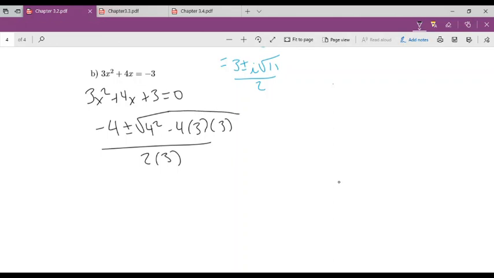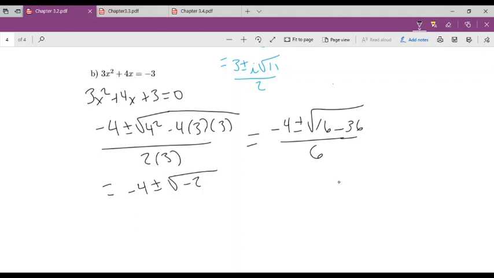Okay, so if we come over here and simplify, we get negative 4 plus or minus, now 4 squared is 16, 4 times negative 4 times 3 is negative 12, negative 12 times 3 is negative 36, all over 2 times 3 is 6. Okay, so if we simplify a little bit further, we get negative 4 plus or minus, now 16 minus negative 36 is negative 20 all over 6.